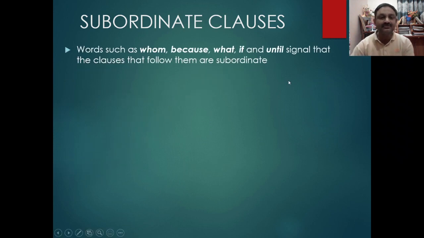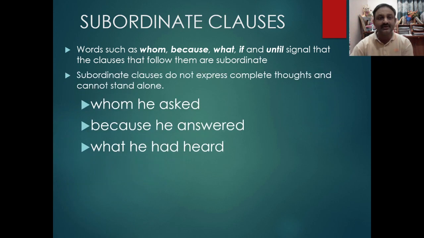Words such as whom, because, what, if, and until signal that the clauses that follow them are subordinate. Subordinate clauses do not express complete thought. You have to focus on this line only. Subordinate clauses do not express complete thoughts and cannot stand alone.